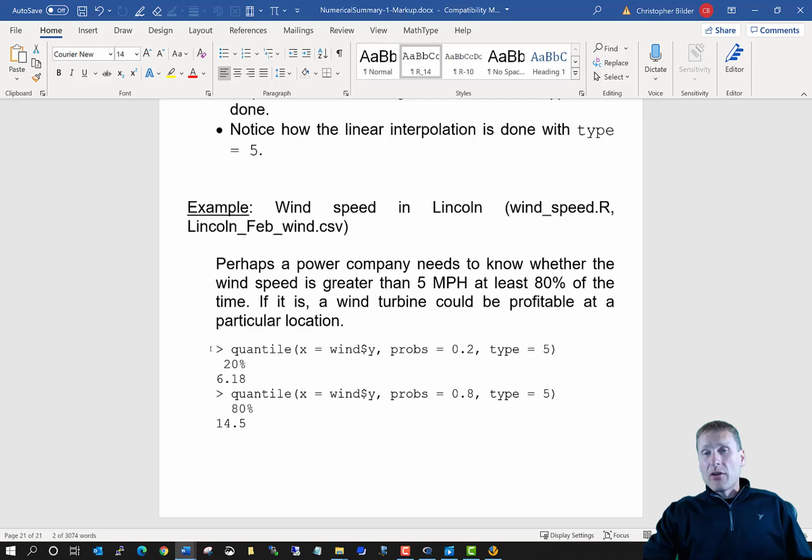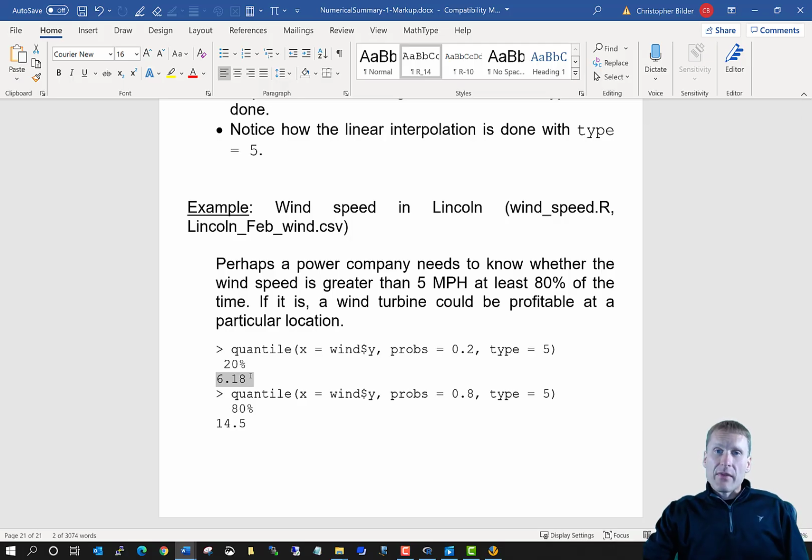They need to know that in order to decide if they want to put a wind turbine in a particular location. To be greater than 5 miles per hour at least 80% of the time, you're looking for the 0.2 quantile, or the 20th percentile. In this particular case, for our data set, that 20th percentile is 6.18.